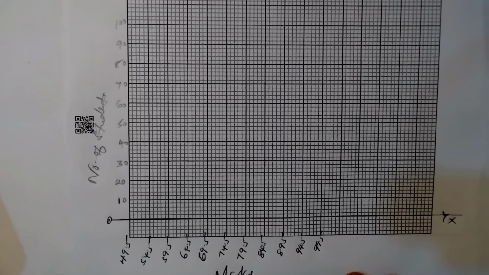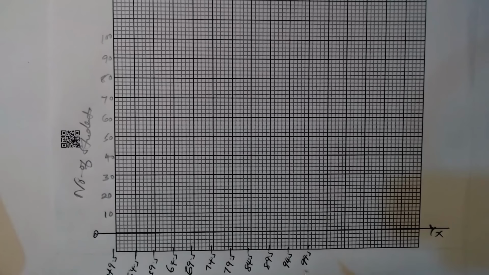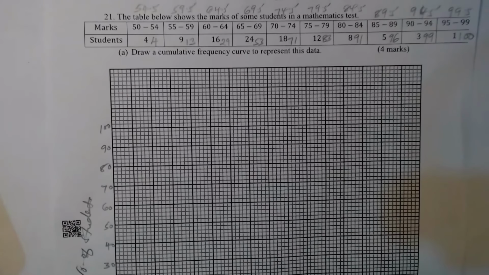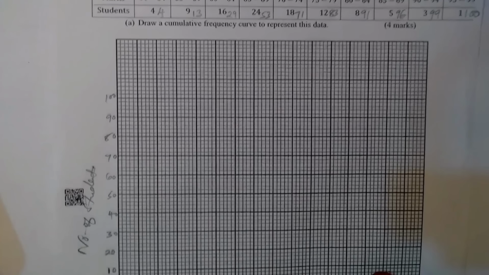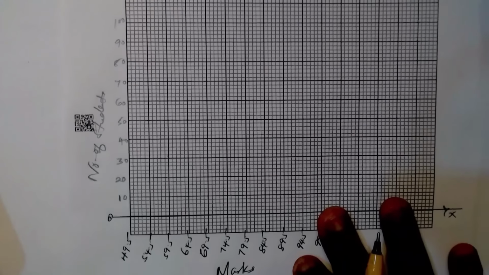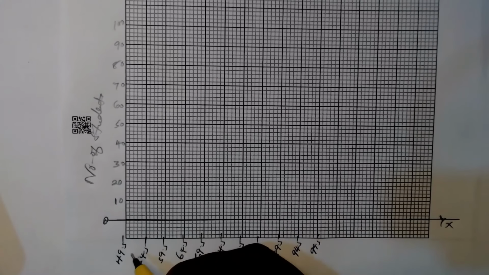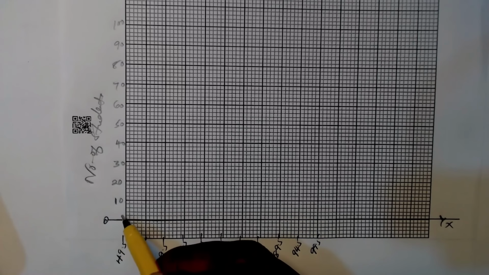We're going to plot. Now we can plot these. The first one is 54.5, we have got 4. What is one small square representing?